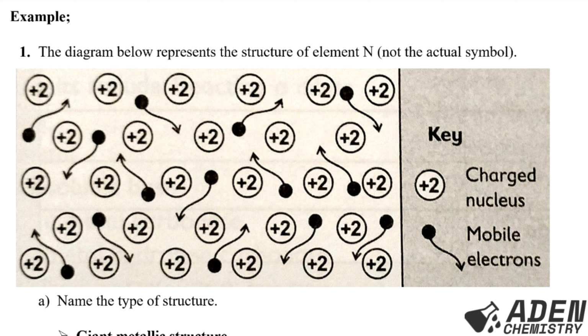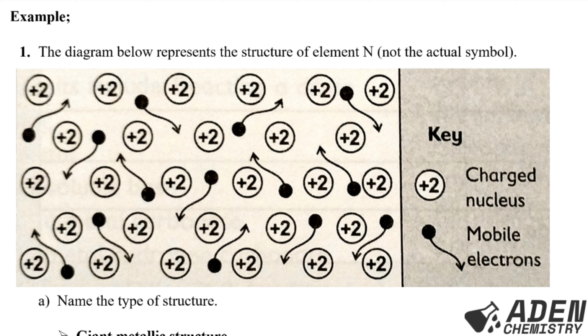We are told the diagram below represents the structure of element N, and we are told in brackets, not the actual symbol. So that means you have to know that N is not the chemical symbol of the element that has this structure. So check very well. We have the positive nucleus of +2, then these are the delocalized electrons or mobile electrons.